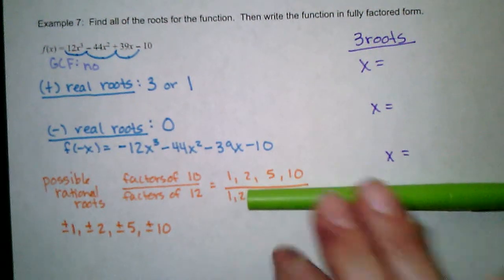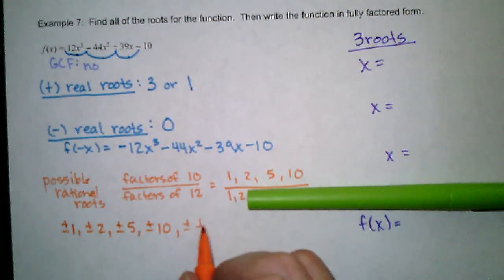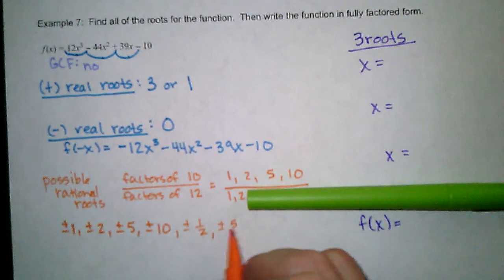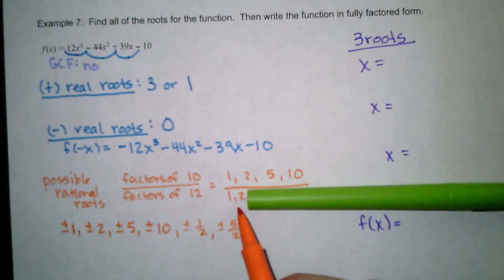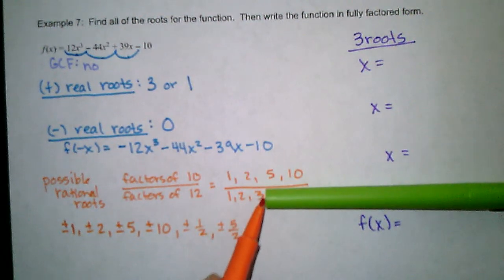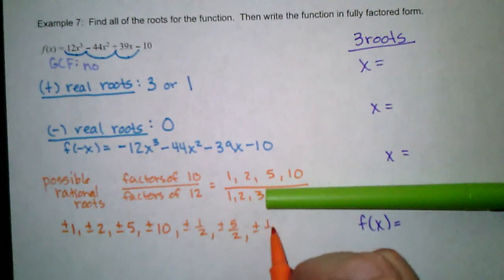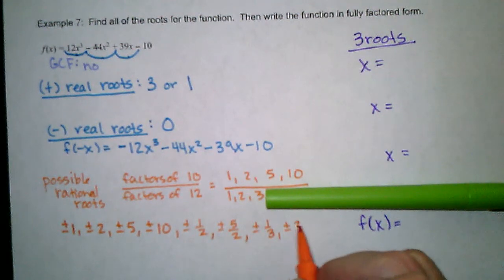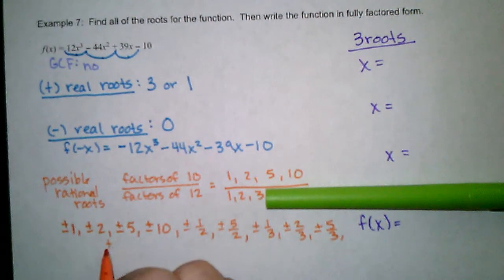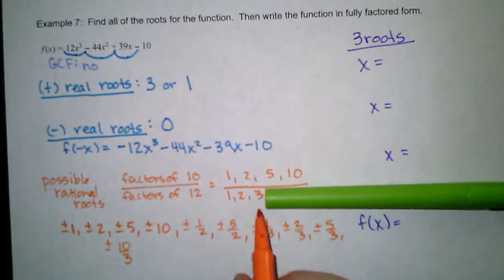Then we'll let 2 take a turn. So plus or minus 1/2. 2 halves would be 1, plus or minus 5 halves. 10 halves would be 5. Moving on. 3. So plus or minus 1/3, plus or minus 2/3, plus or minus 5/3, plus or minus 10/3.